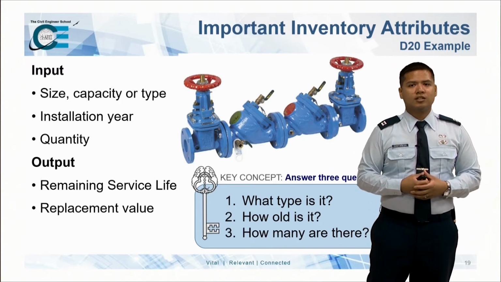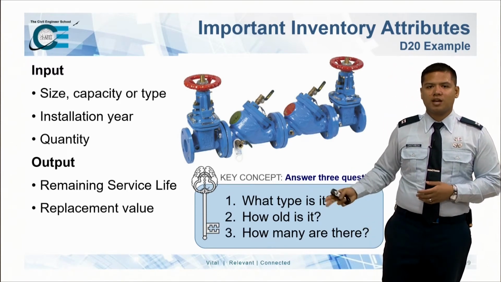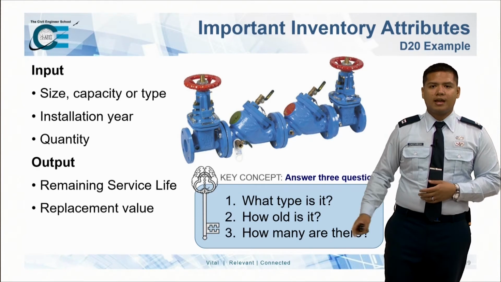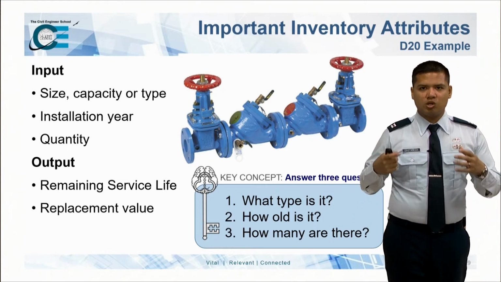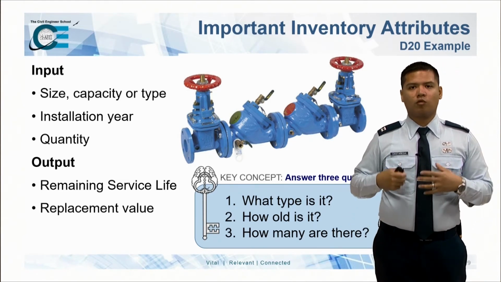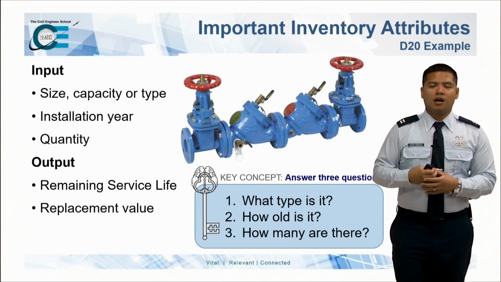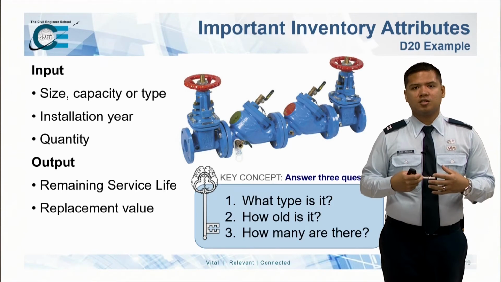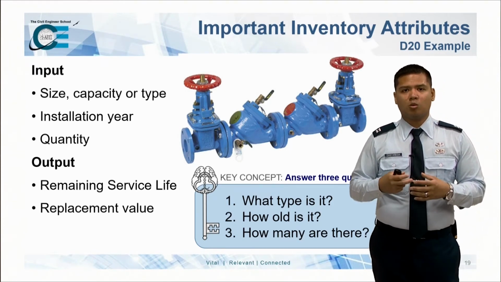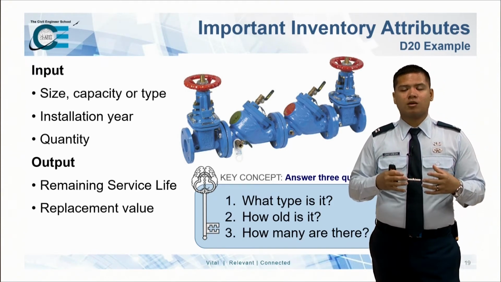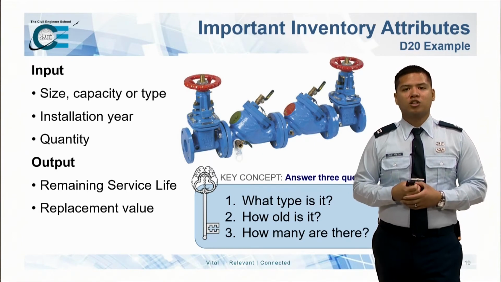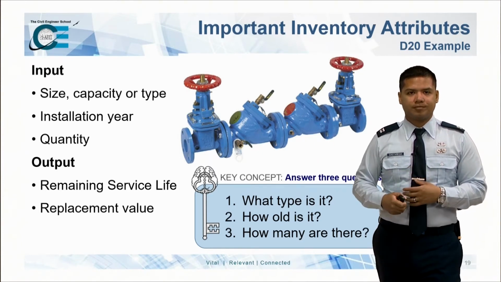If we can answer questions like what type is it, how old it is, and how many there are, we have good information to inform other decisions, like how many more do we need, when should we replace these things, when does this asset require maintenance, and when should we be repairing it?